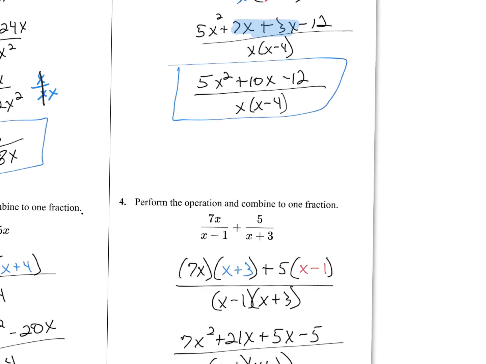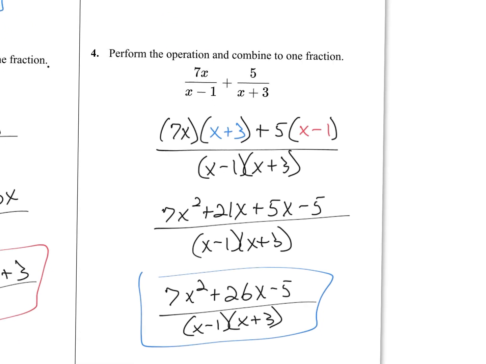Okay, number 4. So in number 4, our first fraction, 7x over x minus 1, has a binomial in its denominator, plus 5 over x plus 3, so another binomial as its denominator. So the common denominator then is going to be both of these factors.